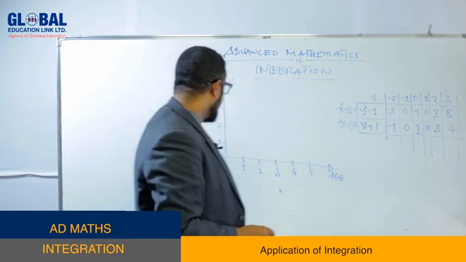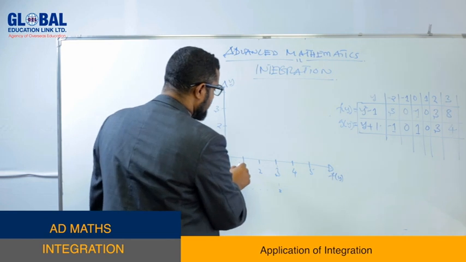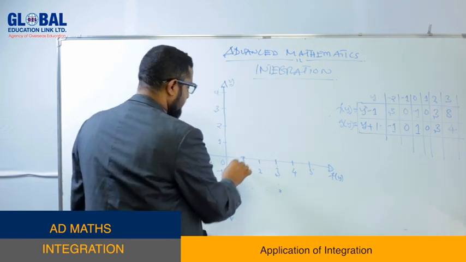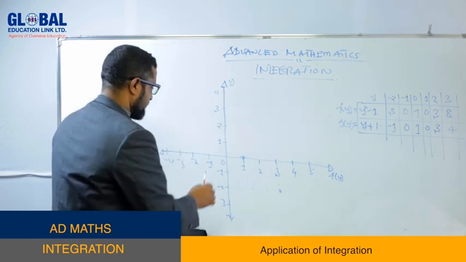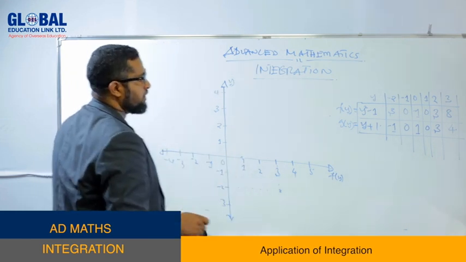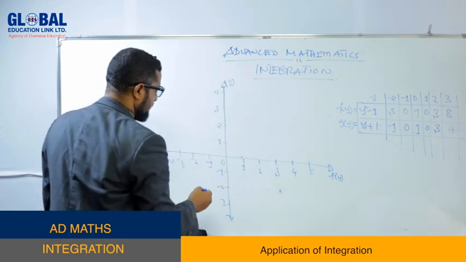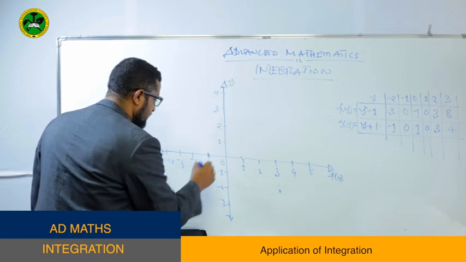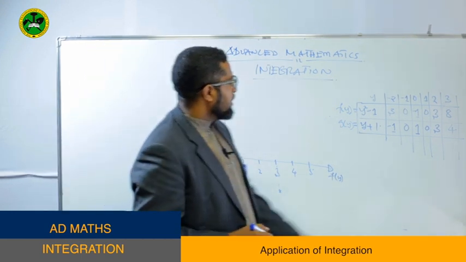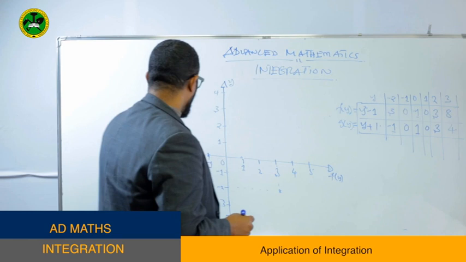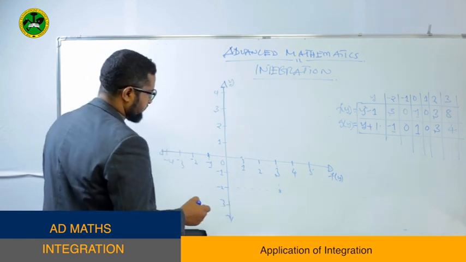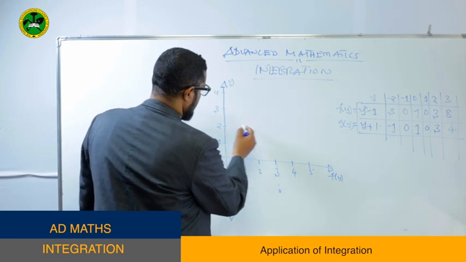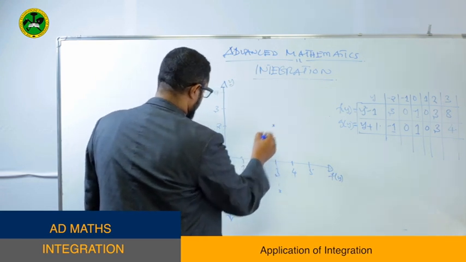When it is 1, we have 0. When it is 0, we have negative 1 somewhere there. And when we have 2, we have 3. So 3 is somewhere there.